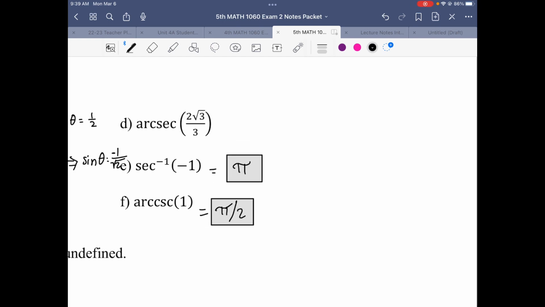So this one is saying the sine of, or sorry, the secant of what angle would equal 2 root 3 over 3, which would be 1 over the cosine equaling that, which means that the cosine would actually be 3 over 2 root 3.